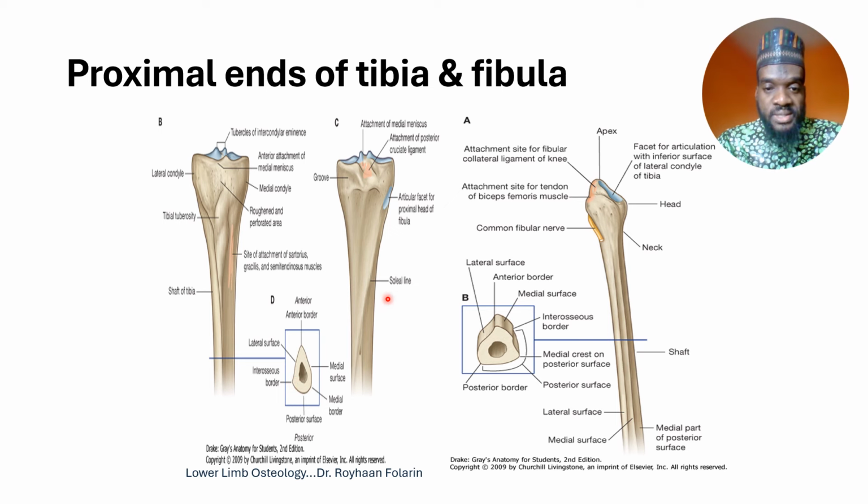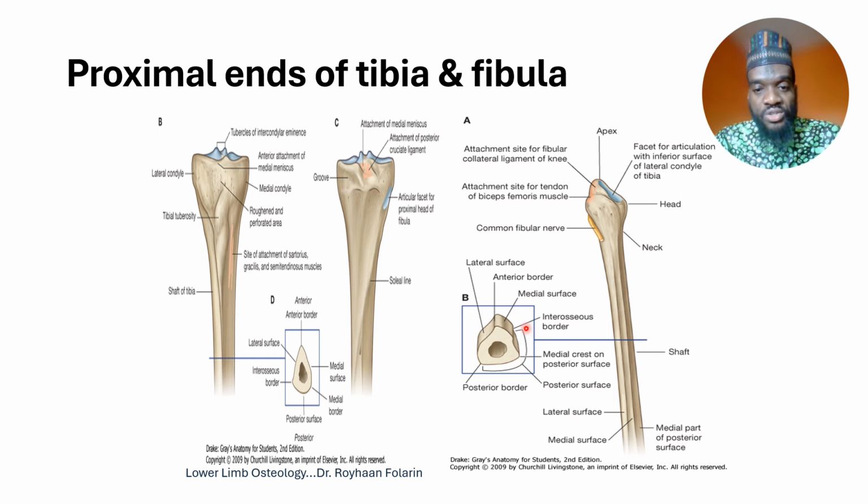And as for the fibula, when you cut it at this point, this becomes the anterior and this is the posterior, so you have an anterior border, a posterior border, and then you have your interosseous border.